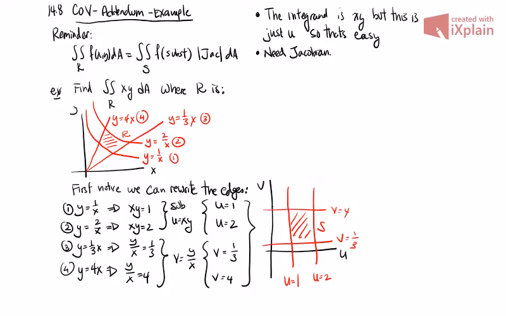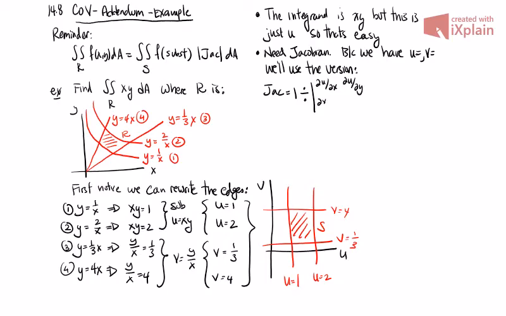In this case, because we have u equals and v equals, we'll use the version that works best for this. If you remember, the Jacobian is 1 divided by the determinant of partial u partial x, partial u partial y, partial v partial x, partial v partial y.